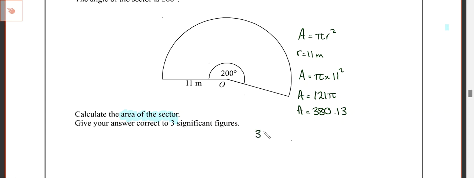It's 360 degrees divided by 200, and you get 1.8, yeah? Exactly. So then the sector area is going to be 380.13 divided by 1.8, and what do you get?